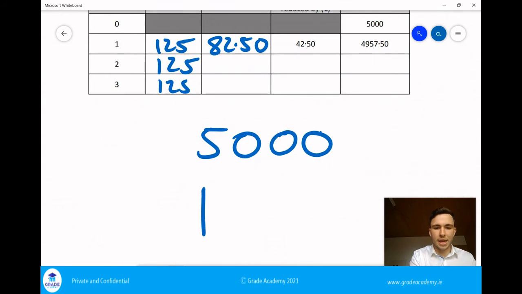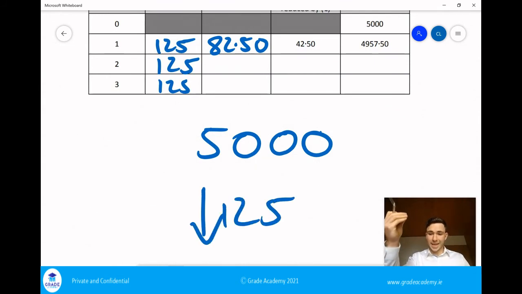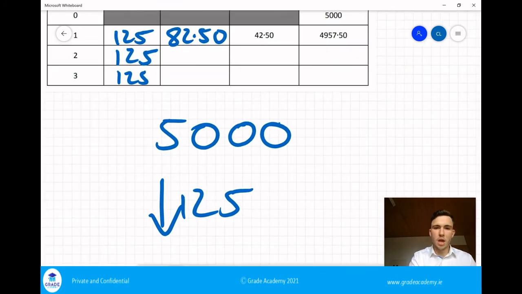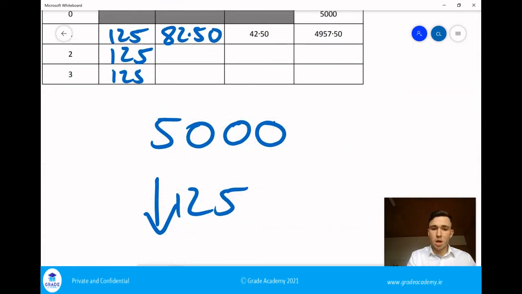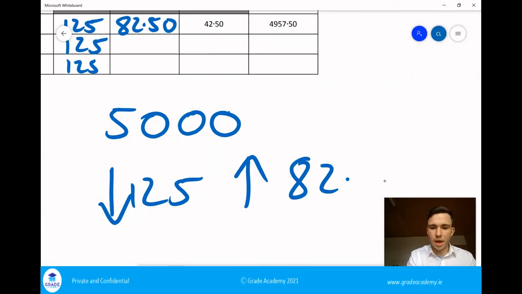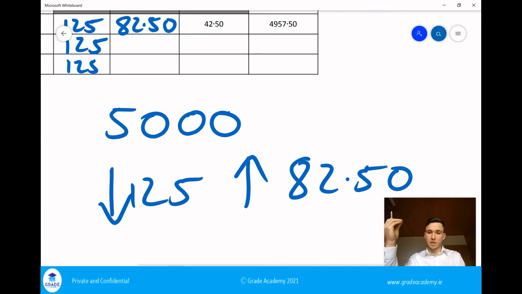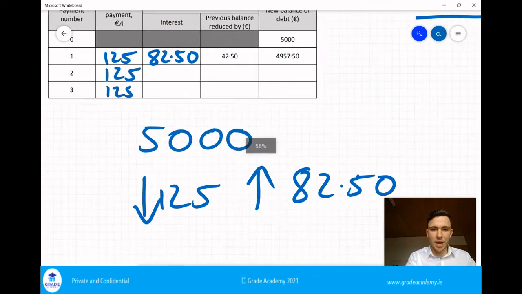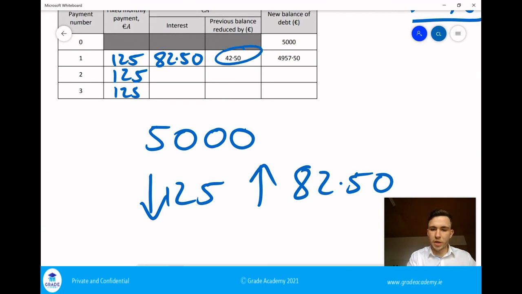We are paying 125 each month, so we're bringing our debt down by 125 each month. But because of interest, it also goes up. Our debt is also growing by 82.50. So if it's growing by 82.50 and being reduced by 125 because we're paying that off, then overall it's going down by this 42.50, and we can take that off the previous balance. Okay, so that is what is going on here.